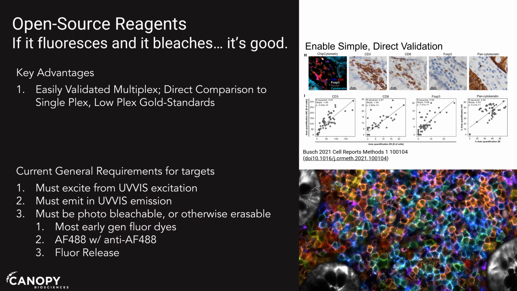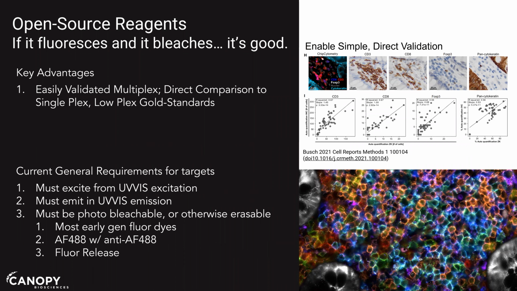The other reason, I always like to show this kind of image at the bottom here. When you don't break it down to those smaller multiplexes, or you're having to rely on some abstraction in order to tell if signal A truly is signal A, you end up with the situation like you see below. So that's the same CRC we're looking at, but each one of those is an immune marker. And especially when you're talking about immune markers, you've got a lot of signals packed onto cells that are very, very close next to each other.